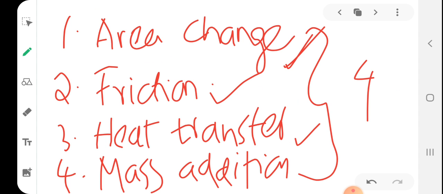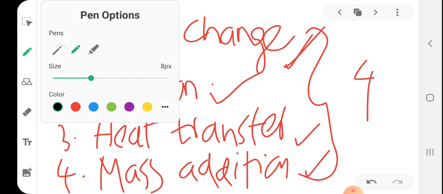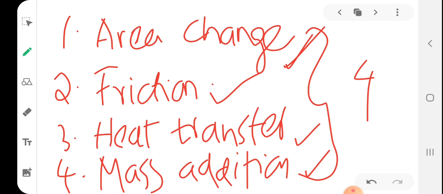Flow with mass addition doesn't have any particular name. So I will mark it. First one, the flow with area change is isentropic flow. There is no heat transfer, there is no friction, there is no mass addition, only area changes.